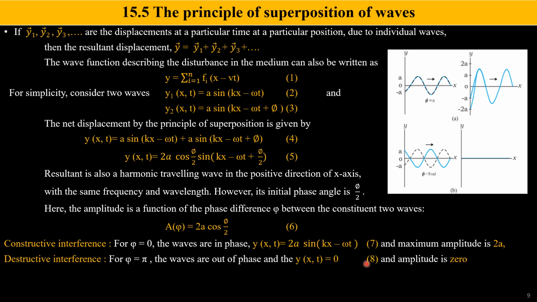Let it be equation 8. Hence, please see figure B. Here the phase is pi radians, and one wave will travel like this blue line, and the second wave is a dotted line. When we sum up, the resultant is 0, and it is shown as a flat line on the x-axis.